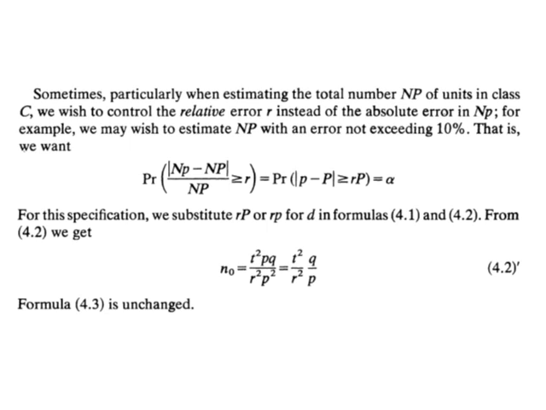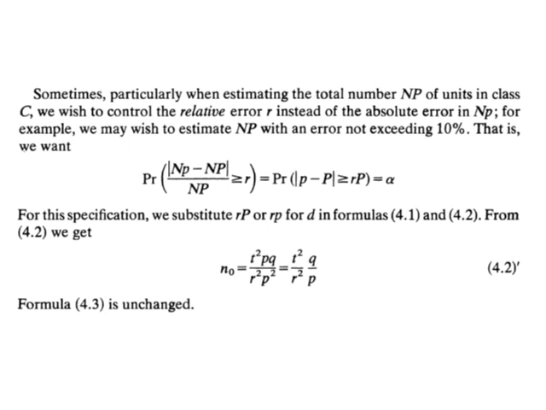Sometimes, in practice, when estimating the total number NP of units in class C, we wish to control the relative error R instead of the absolute error in p, or n times p. For example, we may wish to estimate NP with an error not exceeding 10%.